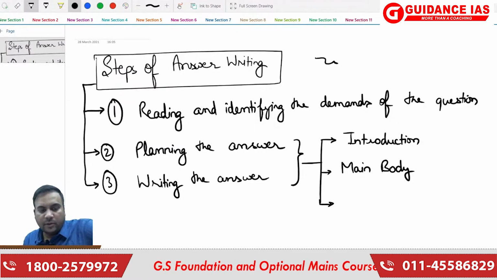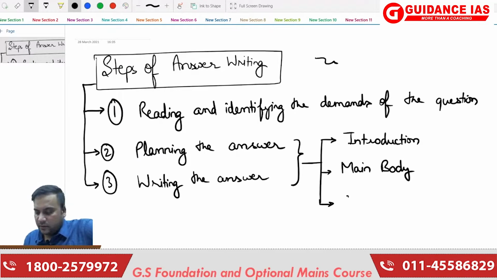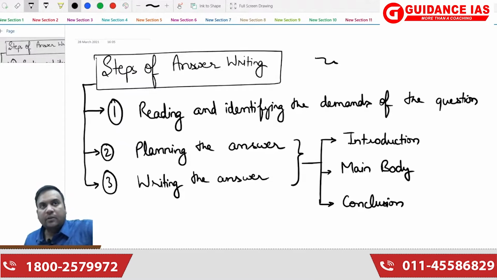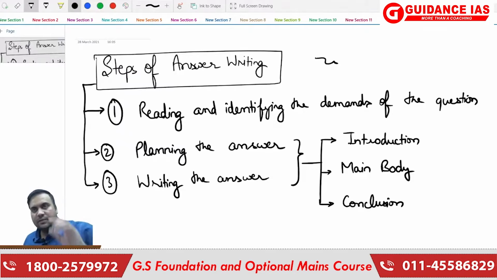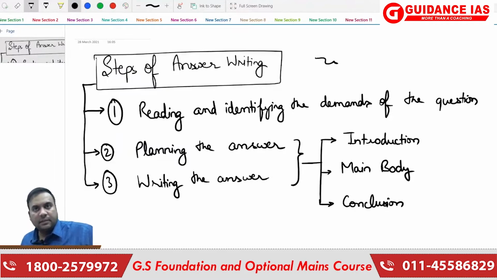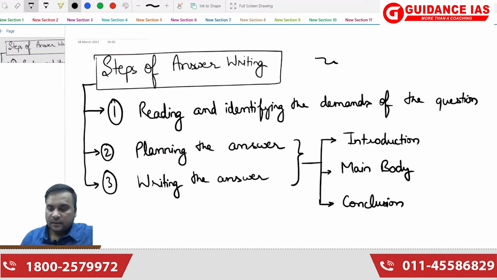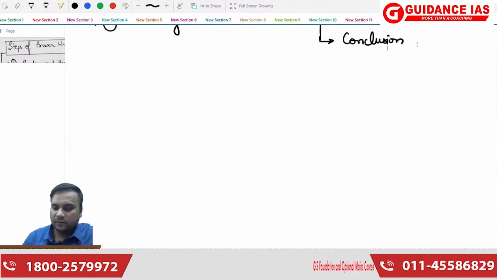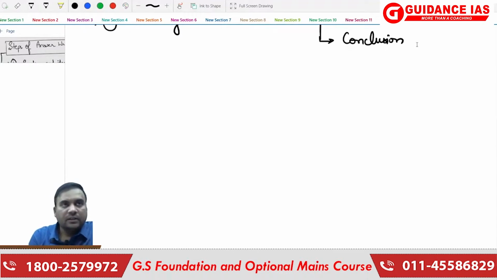And third is what we call the conclusion. So this is where we are going to talk precisely in the first hour. We are going to talk about these steps of answer writing. So let us begin with the first aspect, that is reading and identifying the demand of the question.